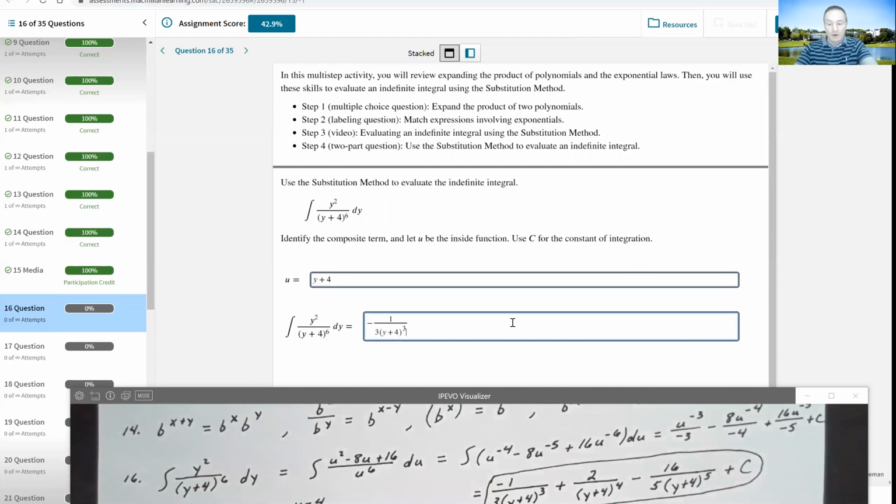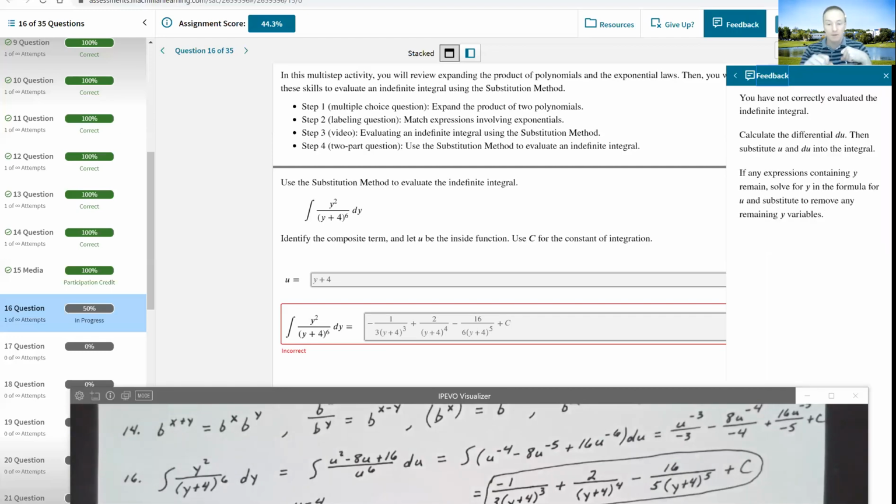And then we have our plus 2 divided by, and we have our y plus 4 raised to the 4th. And then finally, we'll have our minus 16 over 5 times the group y plus 4. And that's raised to the 5th. Plus our constant of integration should check out just fine.